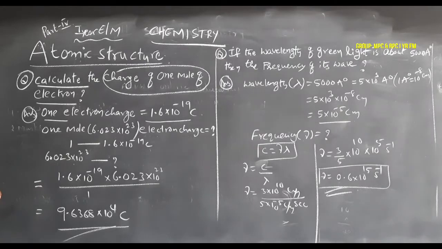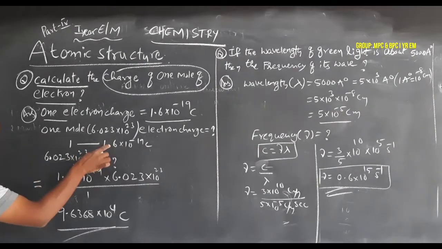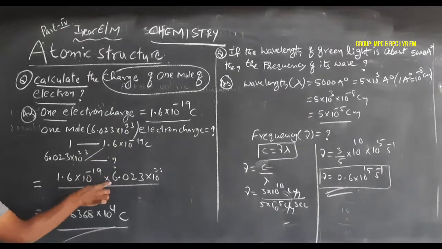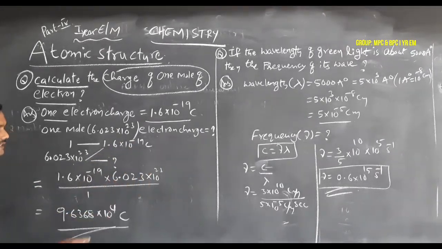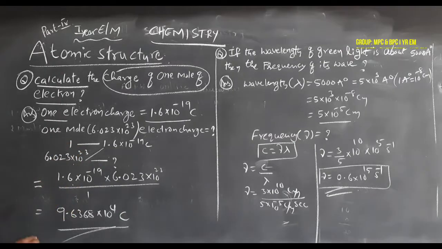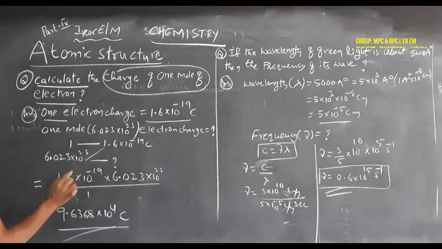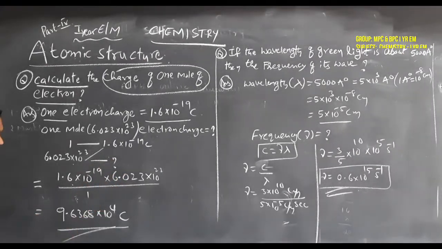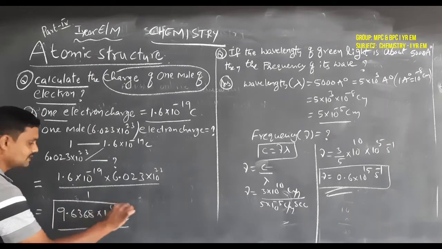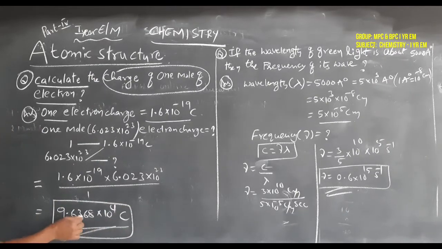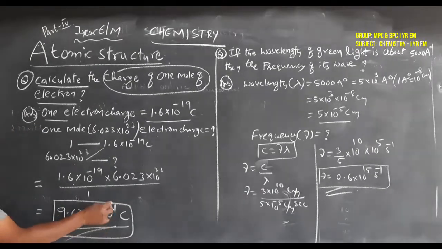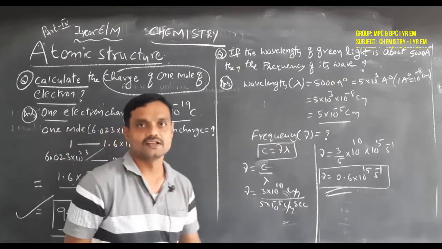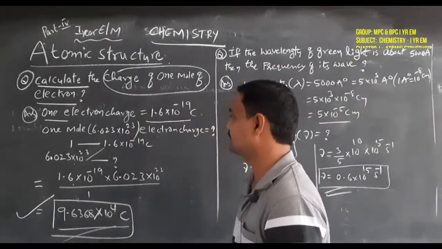On cross multiplication, 1.6 into 10 power minus 19 into 6.023 into 10 power 23 divided by 1. On simplification, finally we get 9.6368 into 10 power 4 coulombs. So this is the 1 mole of electron charge.